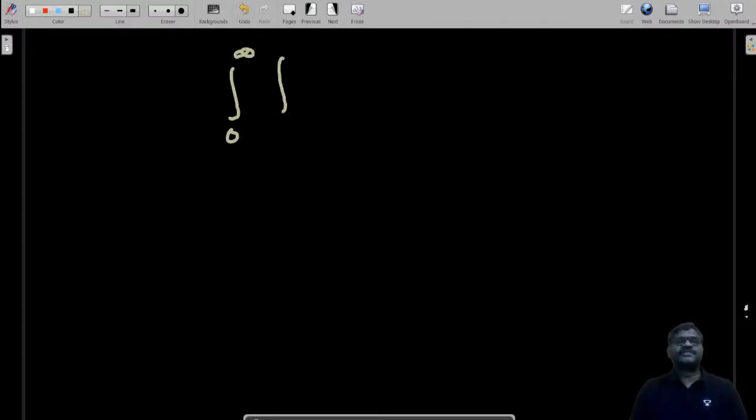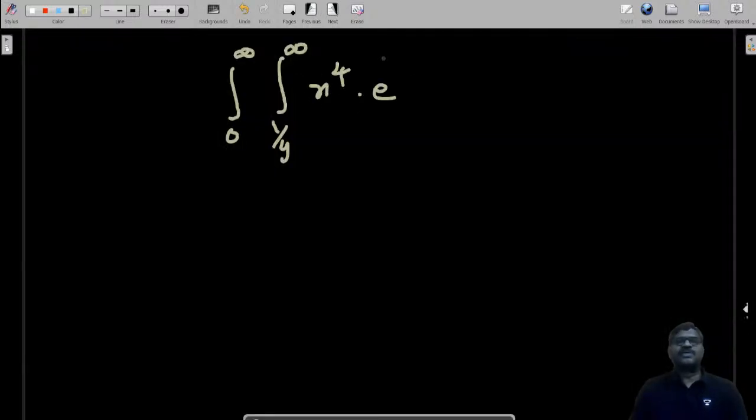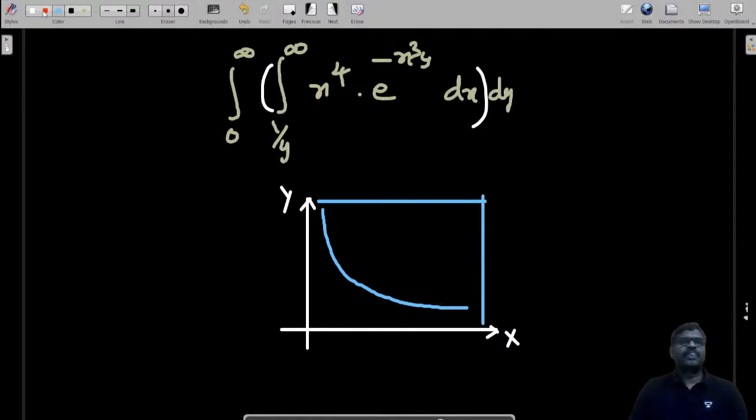Integral 0 to infinite, 1 by y to infinite, x power 4, e power minus x cube y, dx dy. x equal to 1 by y, x equal to infinite.